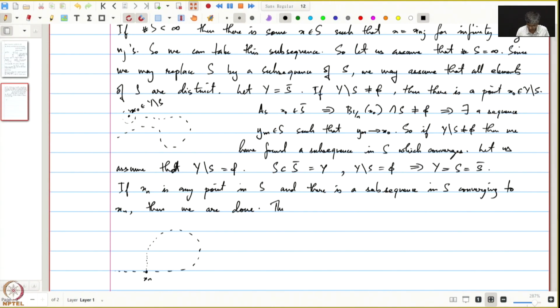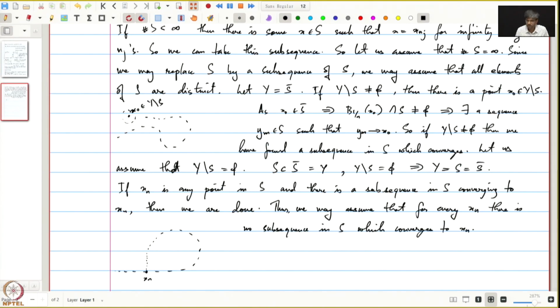So thus we may assume that for every xn there is no subsequence in S which converges to xn. In other words, what this means is for every xn, there is a small neighborhood.